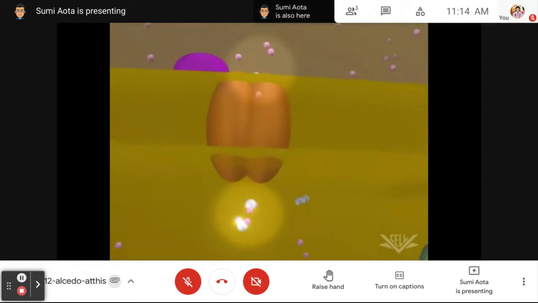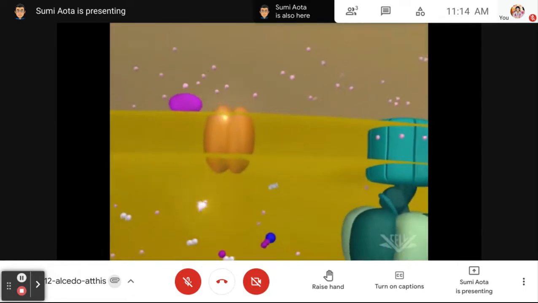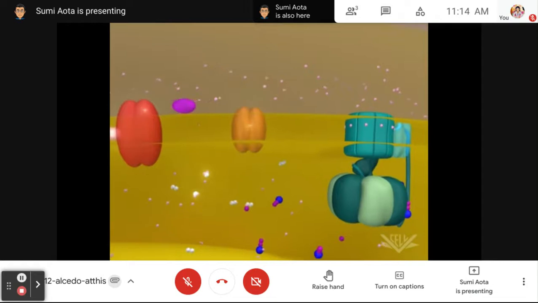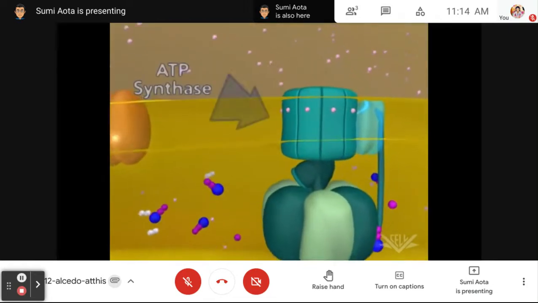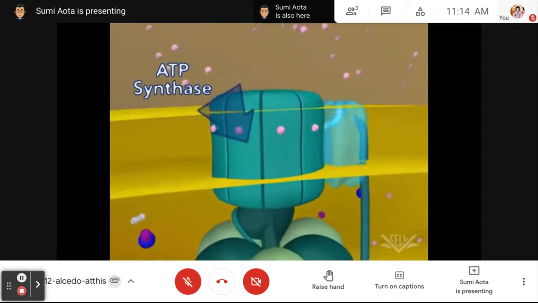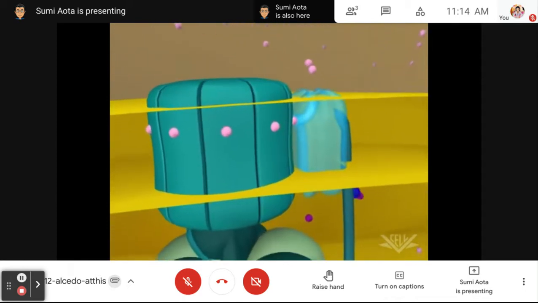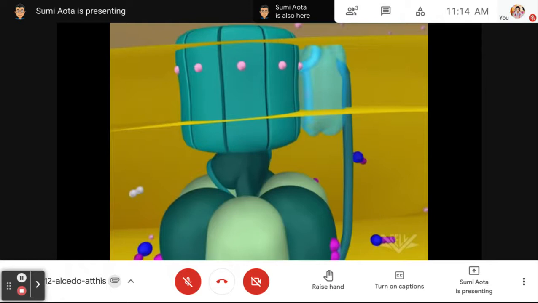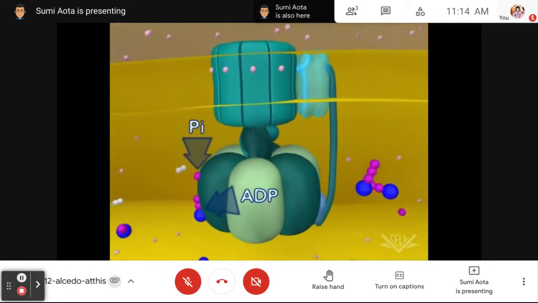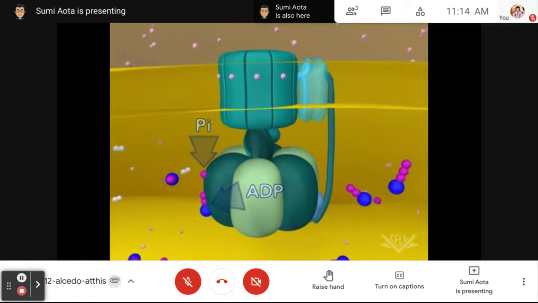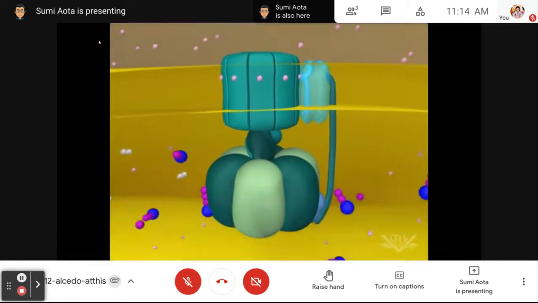The other 4 hydrogen ions are pumped across the membrane. This series of hydrogen pumping steps creates a gradient. The potential energy in this gradient is used by ATP synthase to make ATP from ADP and inorganic phosphate. The ATP synthesis steps you see here are discussed in greater detail in the ATP synthase gradients animation.